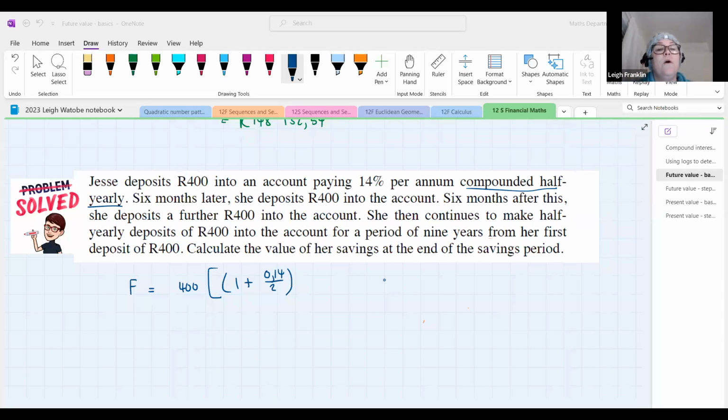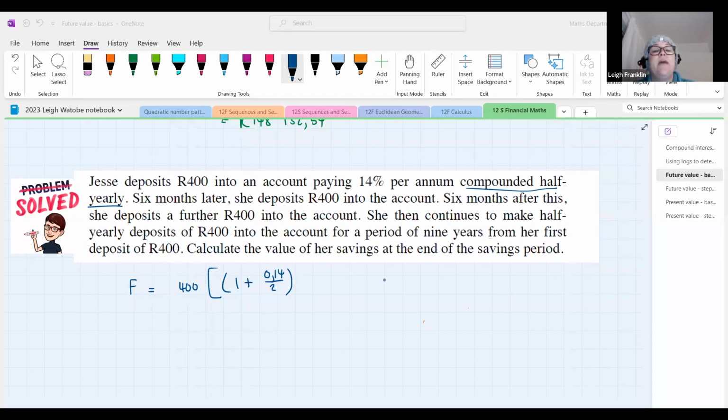She deposits 400 Rand into the account. Six months later, she deposits another 400 into the account. Six months after this, she deposits another 400 Rand into the account. She then continues to make half-yearly deposits of 400 Rand into the account for a period of 9 years from her first deposit of 400.